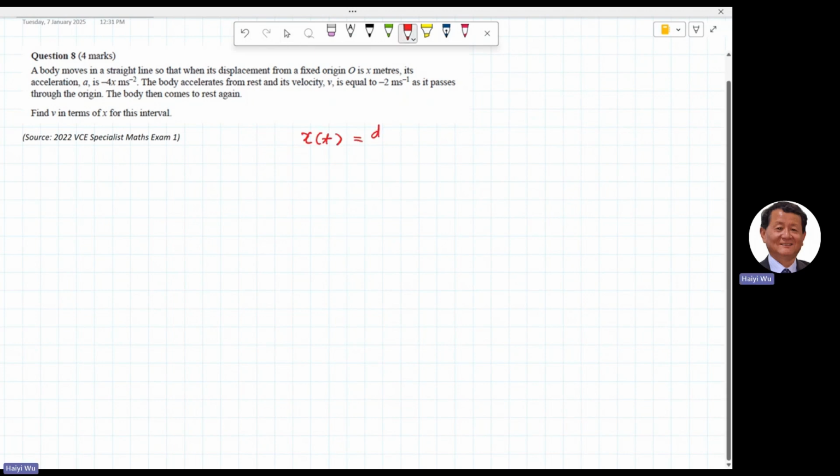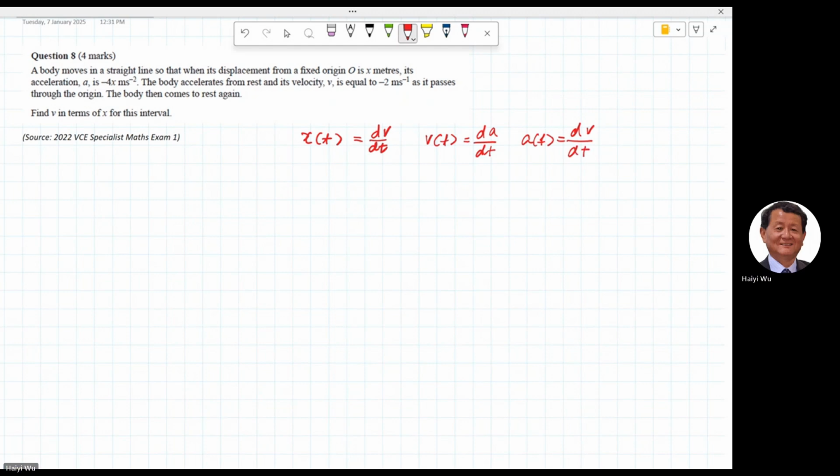We know the relationship between velocity and displacement using derivatives: v(t) is the derivative of x(t), and a(t) is the derivative of v(t).